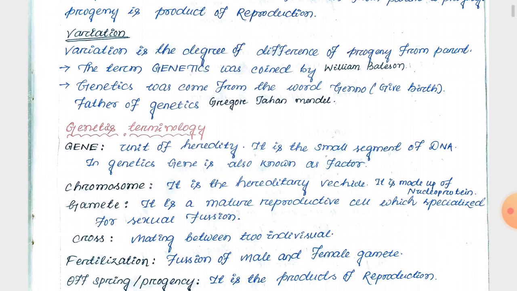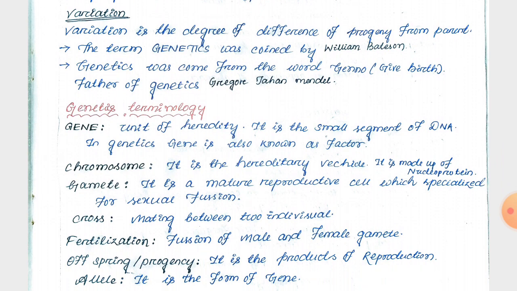And what is variation? Variation is the degree of difference. Whatever character is not exactly copied to the offspring, there is a little degree of difference you will find in the progeny. This is known as variation.